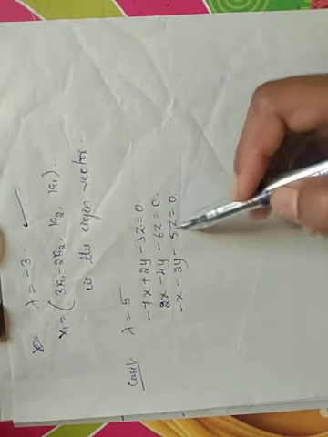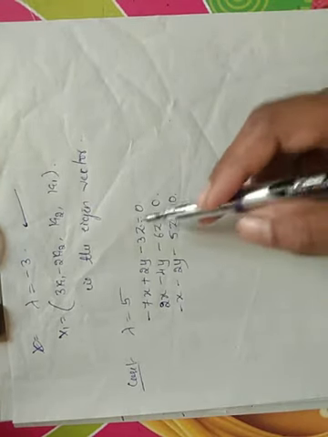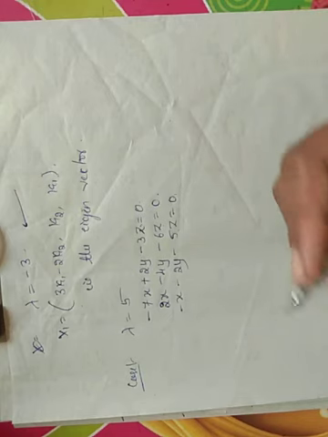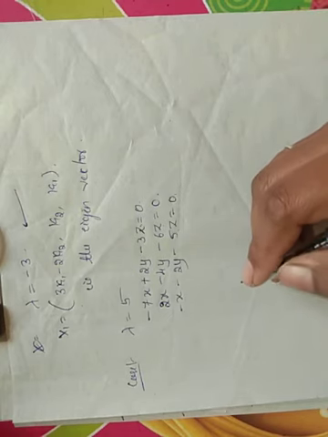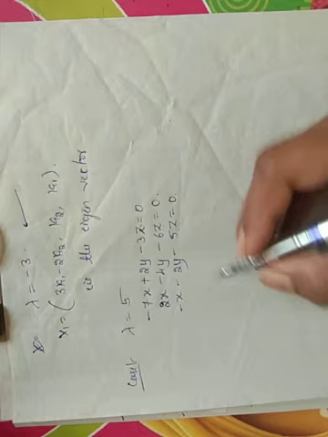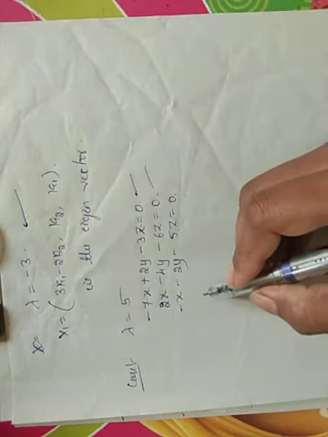Here all the three equations are independent of each other, so no one can be dependent on another. So I am using the rule of cross multiplication for these two equations.